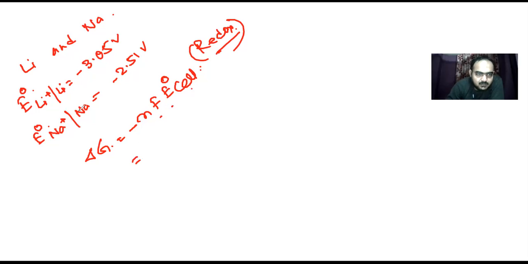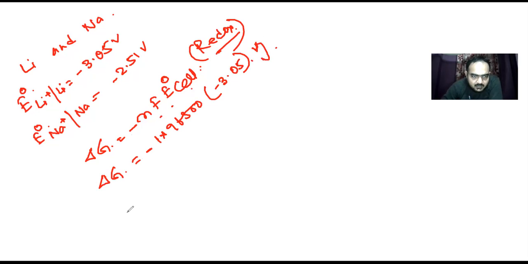Now put the value here for lithium. Delta G is equal to minus 1 into 96500 multiplied by minus 3.05, in joules. Here is delta G for sodium: minus 1 into 96500 multiplied by minus 2.51, in kilojoules.